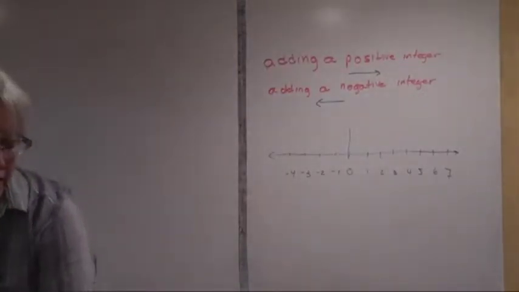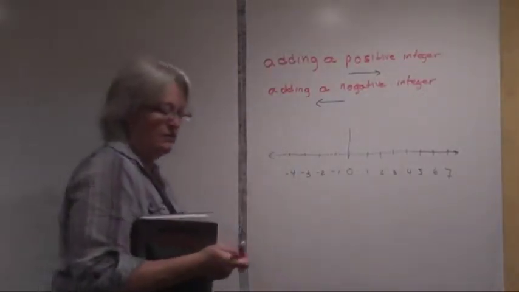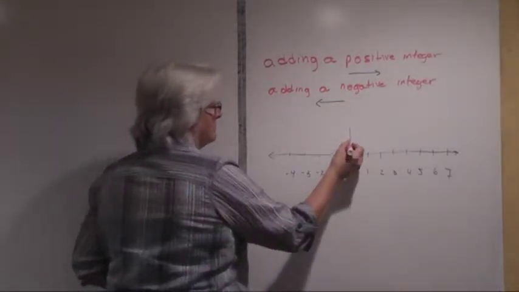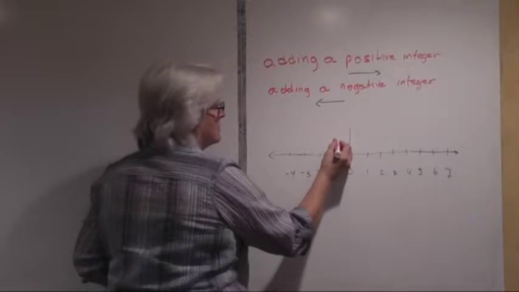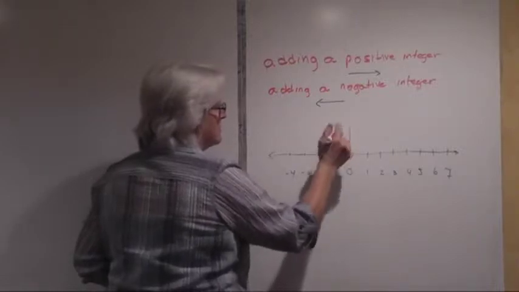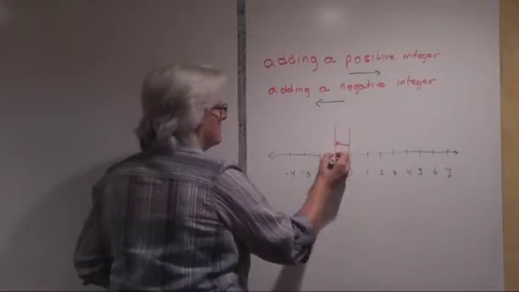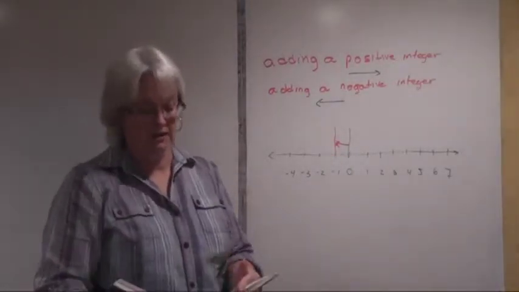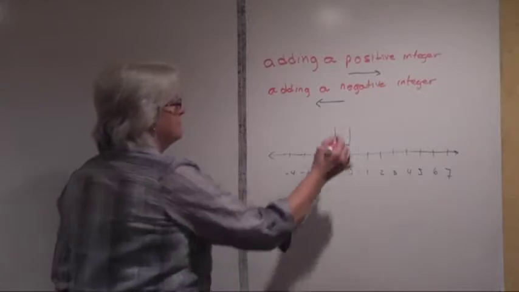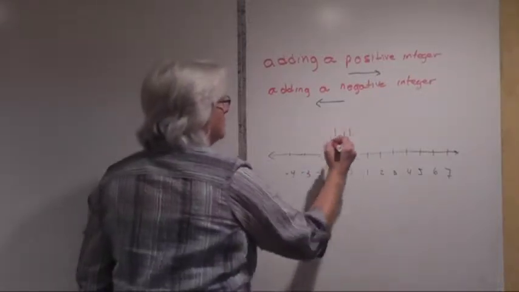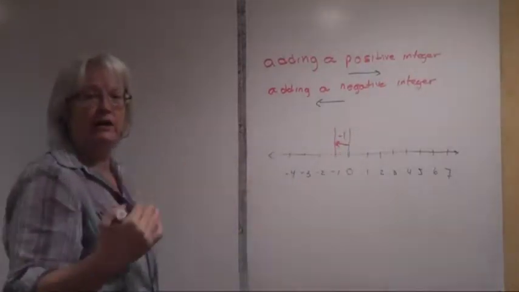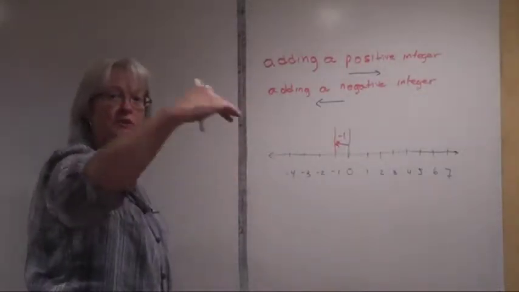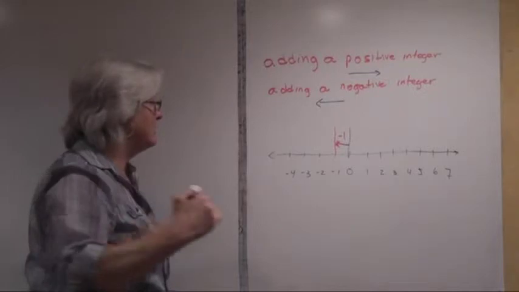Well, it says with a negative integer, you move to the left 1 unit. So this is 1 unit to the left. And that's how we indicate our negative 1. Now, we want to add to this a negative 4. We say that we're going to add a negative integer by moving left on the number line.